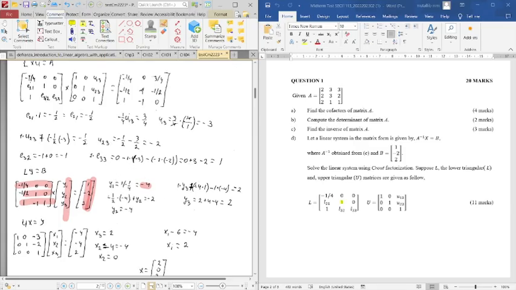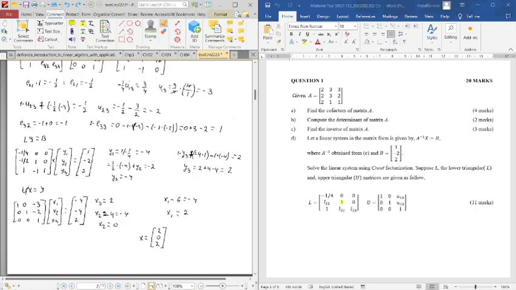In the second step we're gonna multiply upper triangular times X equals Y, which we got here already. So we're gonna multiply this in the same way, first row times our Y, and we're gonna get it.